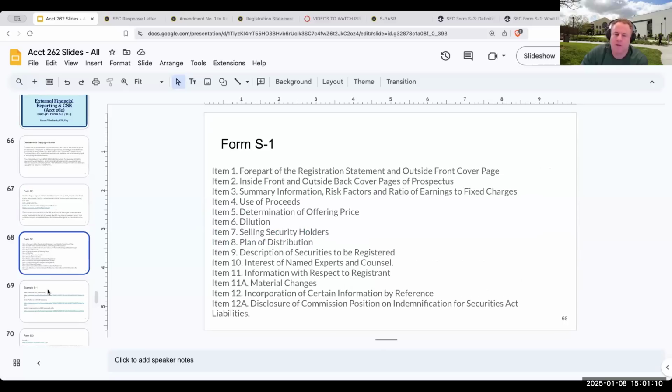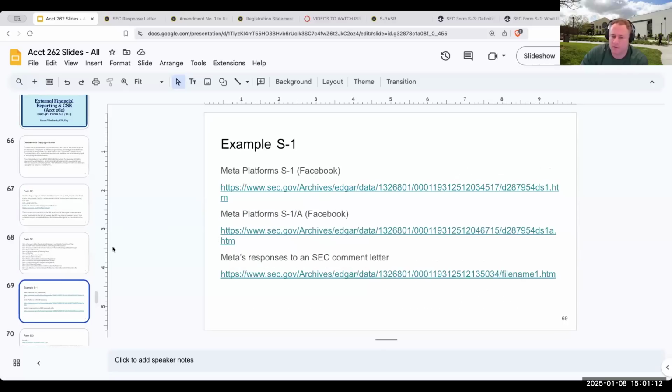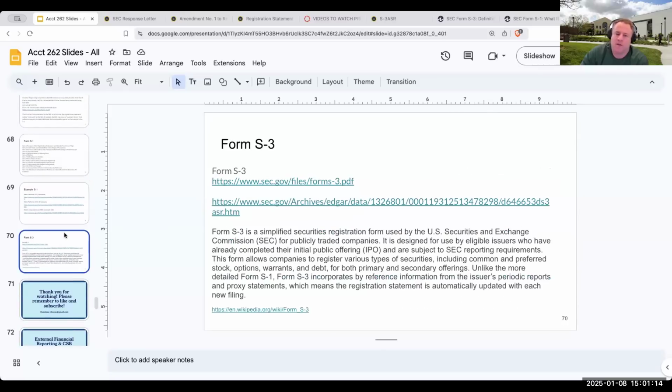Now, what happens when a company is operating? Do we need to file a Form S-1 all over again?